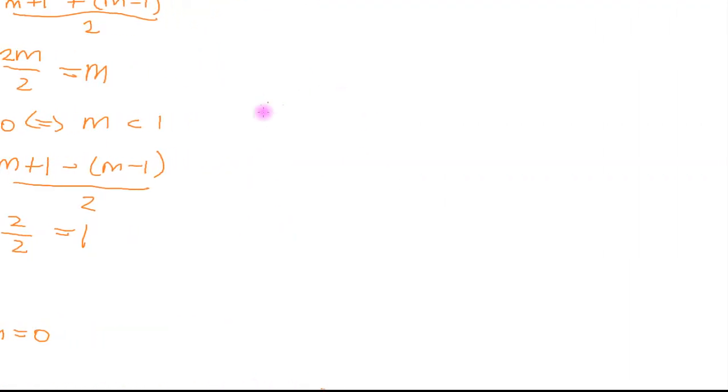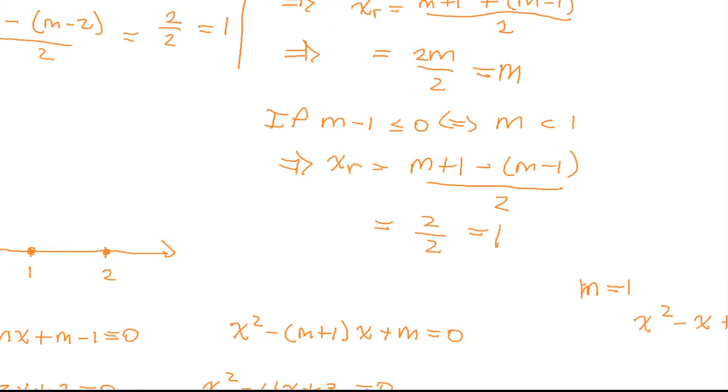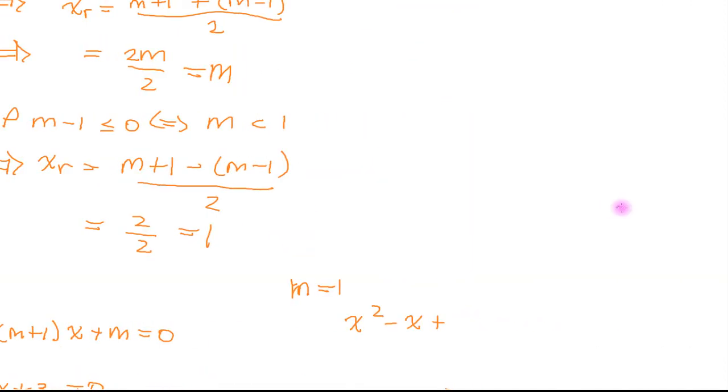So for m equal to 1, we have x squared minus x plus m minus 1, which is 0. So this is equal to 0, and the other polynomial will be x squared minus 2x plus 1 equal to 0.